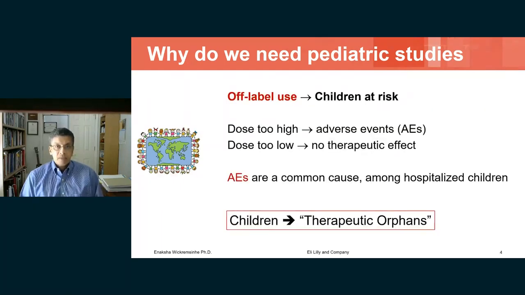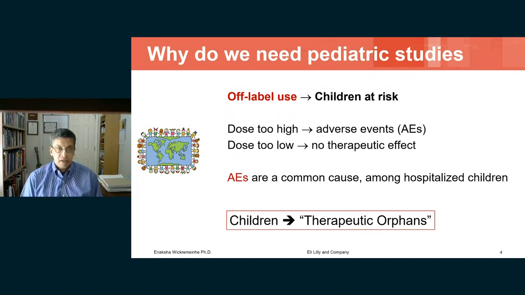So what this does is when you use drugs off-label, it can put our children at risk, right? You can imagine if the dose is too high for the kid, you can end up with adverse events. If the dose is too low, there would not be any therapeutic effect, or there would be no benefit to the kids, right? And adverse events are reported as a common cause among all the hospitalized children.